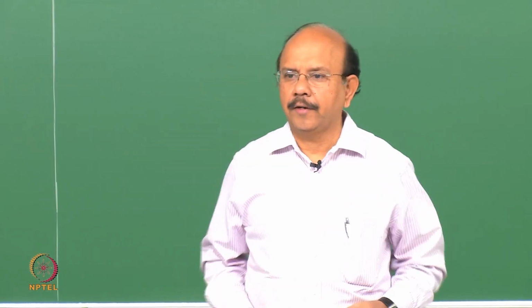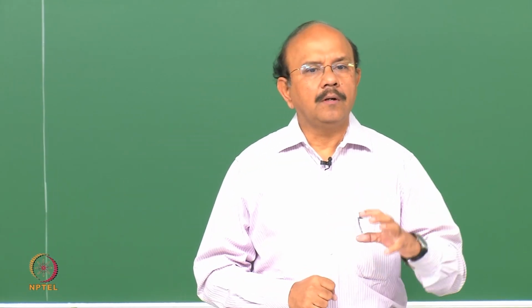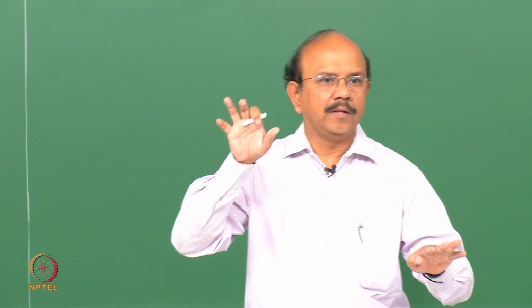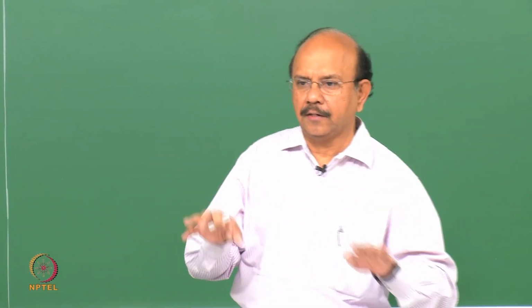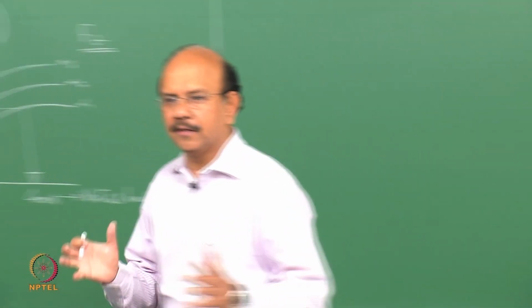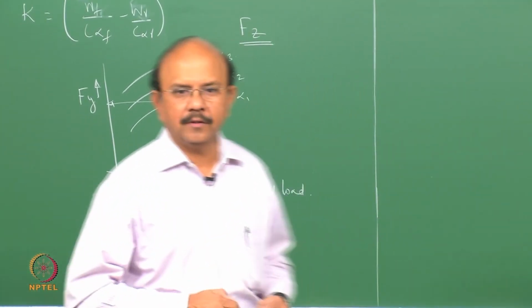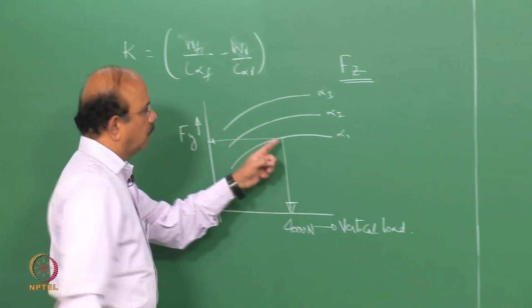Now, when there is a roll, why there is a roll? We will see it in a minute. When there is a roll, in other words, when the left and the right, or inner and the outer, however you want to call it, when the loads get redistributed, look at what happens.